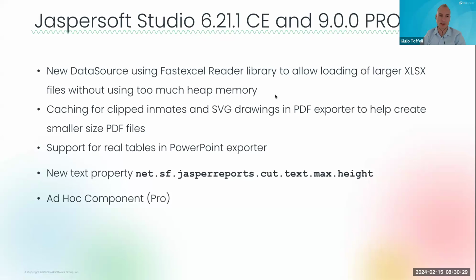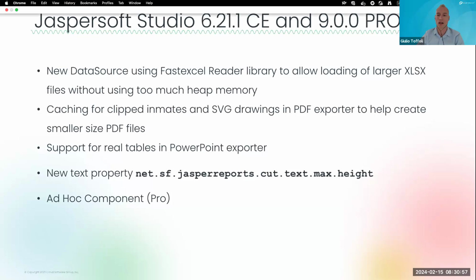So let's start with what's new in Jaspersoft Studio. Some information has been given already by Abhishek, but I just want to give you a couple more details. Let's start with the new data source using the fastest Excel reader library. This increases a lot the speed in reading data from Excel files.